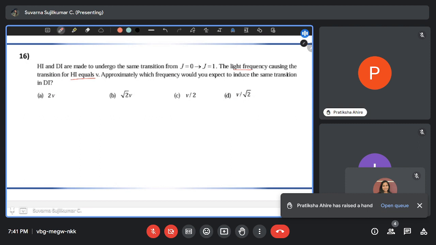So we have to see what is the relationship between molecular mass and the energy associated with the transition. When we see this kind of question, these thoughts should come to our mind. Is there any relation? Because the only difference between HI and DI is the molecular mass. They have other differences also, but primarily they differ in molecular mass. Is there any relationship between the change in molecular mass and the frequency or energy for a transition?